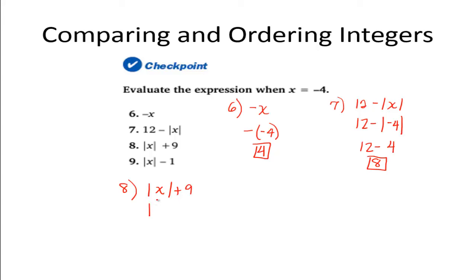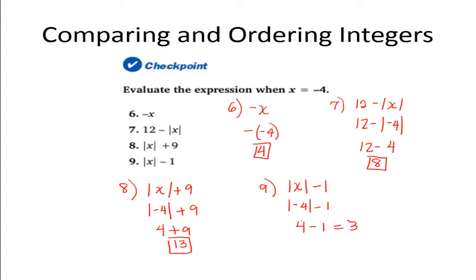Substitute x for the absolute value of -4 plus 9. And the absolute value of -4 is 4 plus 9, which is 13. For number 9, we did absolute value minus 1. Substitute x for -4 minus 1, and the absolute value of -4 is 4 minus 1, which is 3.